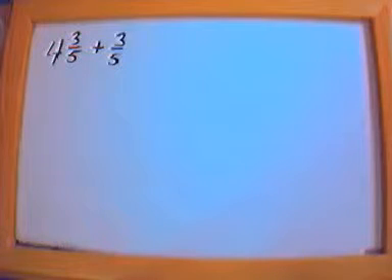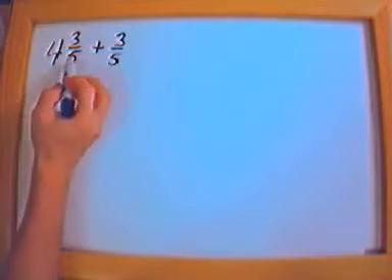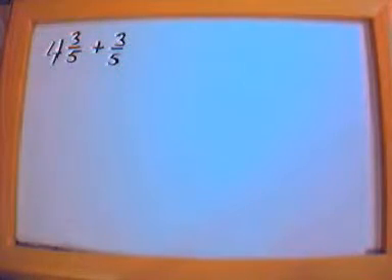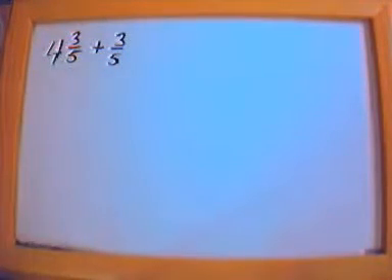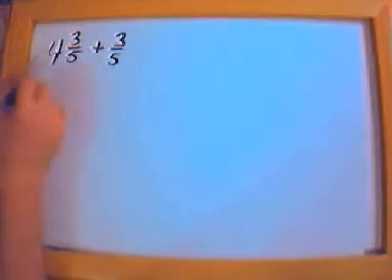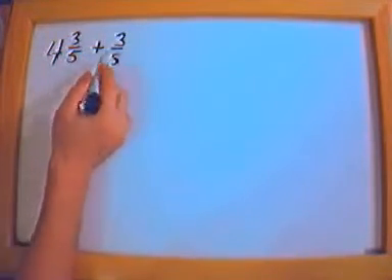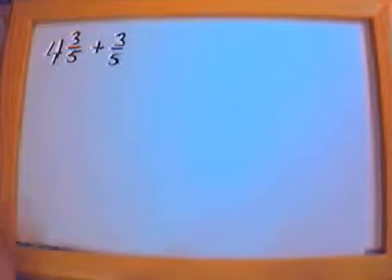The easiest way to do this is to transform the fraction here as follows. How do you transform a mixed number like this? Well, you can do this problem multiple ways. I'm going to show you one way. I want to transform this number into a regular looking improper fraction.